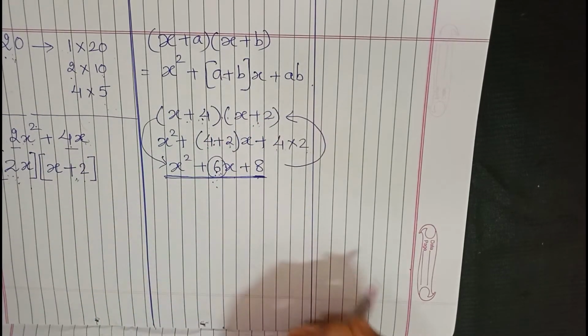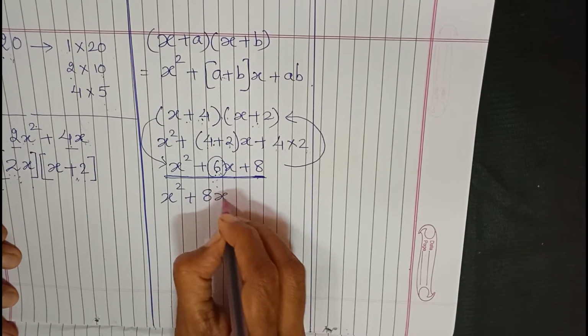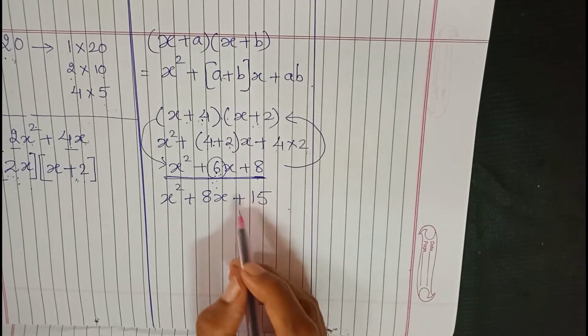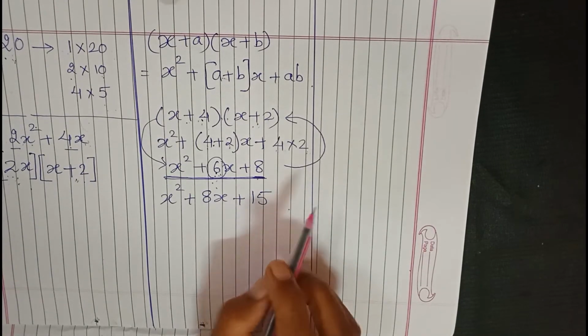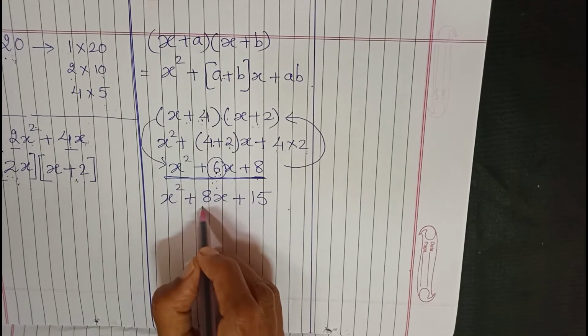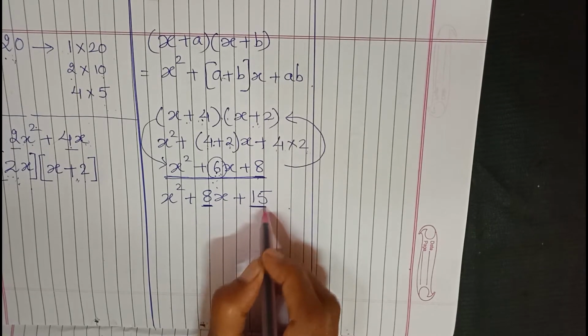So let's begin. Let's take an example. X square plus 8x plus 15. Now I am supposed to factorize this algebraic expression. Now you should remember what we have to find out. We have to find out two numbers which on addition should give you 8 and on multiplication should give you 15.